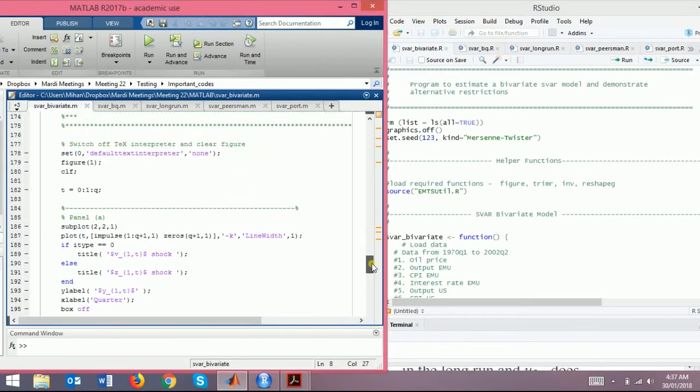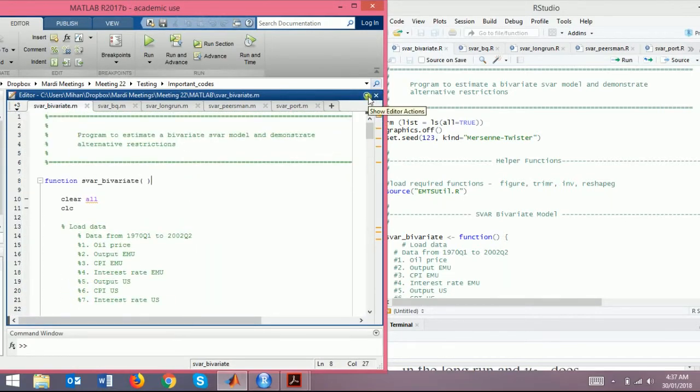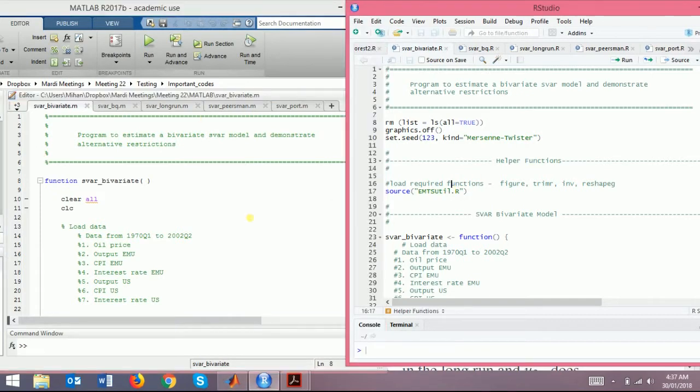Okay, so first things first, do we have any local functions? No, we don't have any local functions, and the problem starts with clearing the screen: rm(list = ls(all = TRUE)). By ls I am listing all the elements available in the workspace, and then graphics.off().